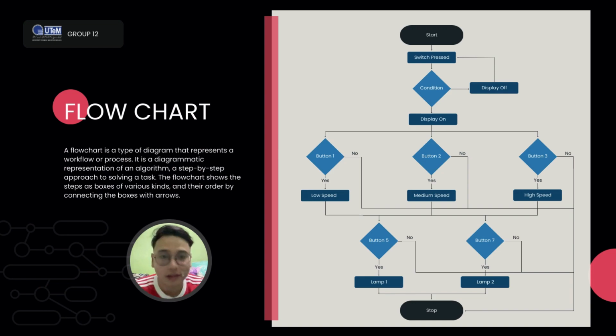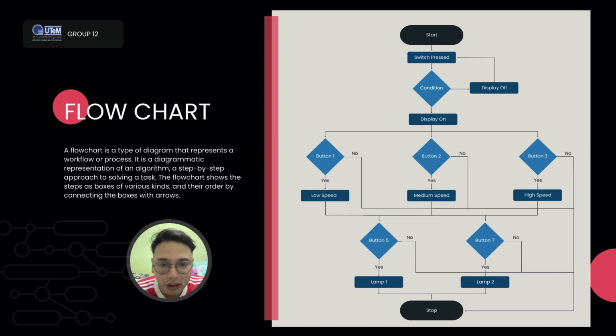So the project starts with the start button, and when the switch is pressed, the condition will be displayed, whether it's on or whether it's off. Next, when we press button 1, the speed will be low speed, with button 2 it will become medium speed, and with button 3 it will become high speed.